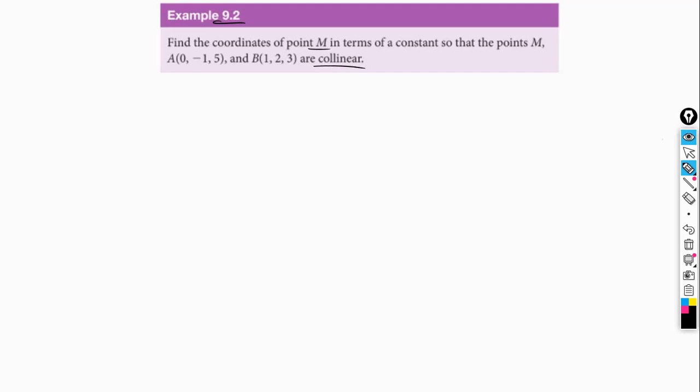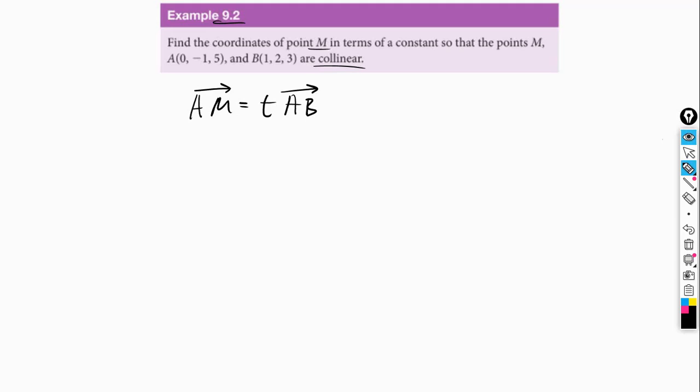So if we want the points to be collinear, it is enough to make vector AM parallel to vector AB. And if two vectors are parallel, we saw that one of them is a scalar multiple of the other. So say AM is equal to t times vector AB.